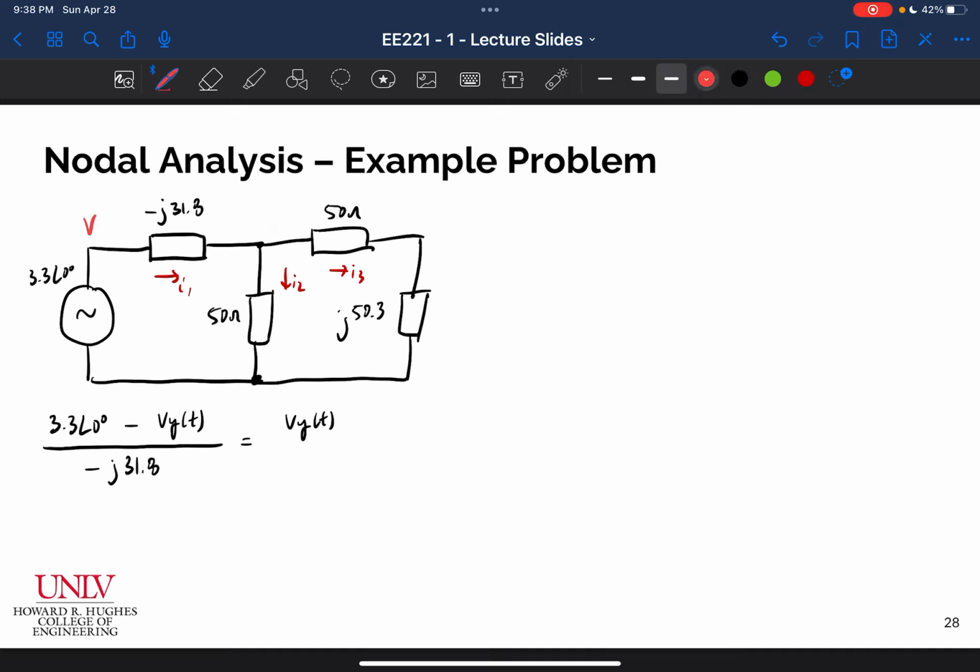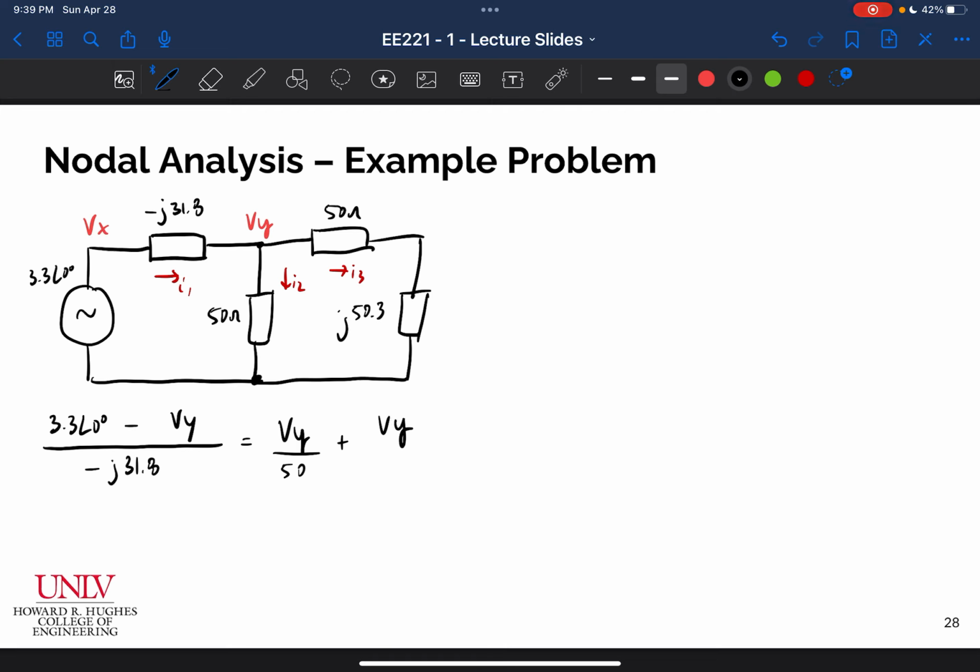This will be Vx, and this will be Vy. So let's just write them that way. Then I2 is Vy minus 0 over 50, so just Vy over 50.